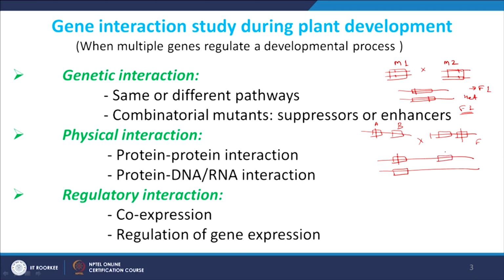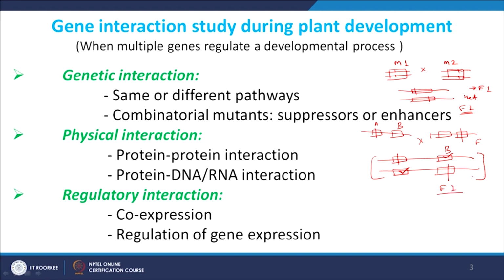Here you will have the gene B allele normal from this plant, but B mutated from the other. In this heterozygote, the wild type copies of both genes will complement the mutant phenotype, which means that in F1 you are not going to get any phenotype.